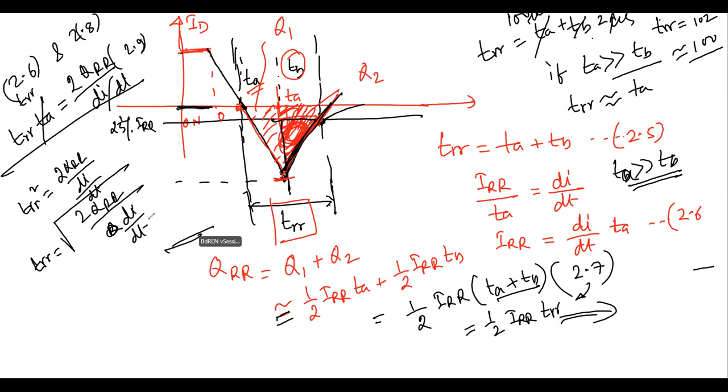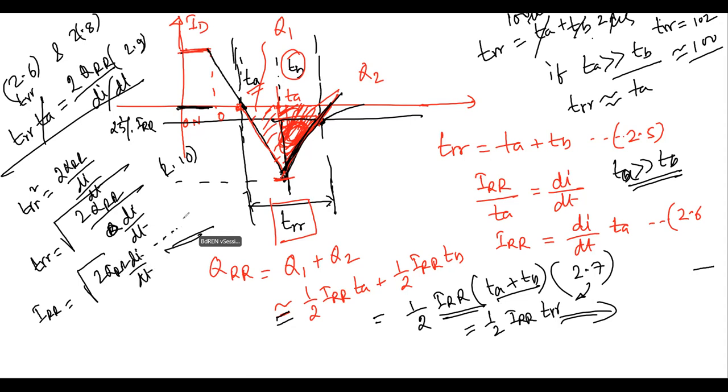This is another equation you have, equation 2.10. And if you replace this with IRR, we can also find the equation of IRR, which will be the root of 2QRR di by dt.